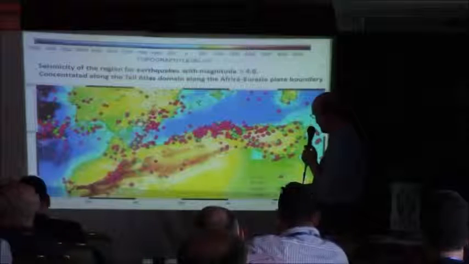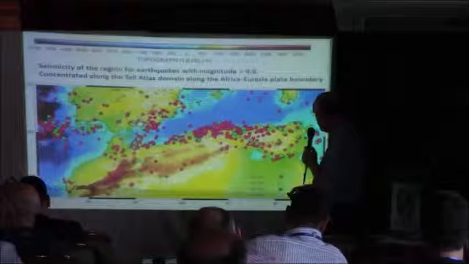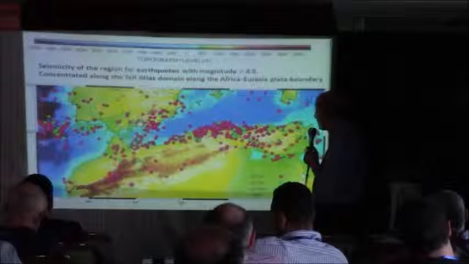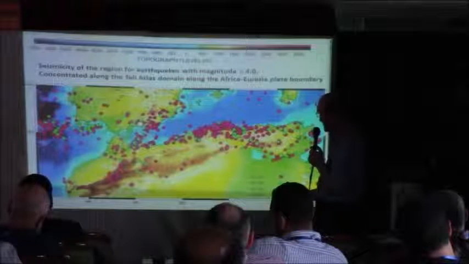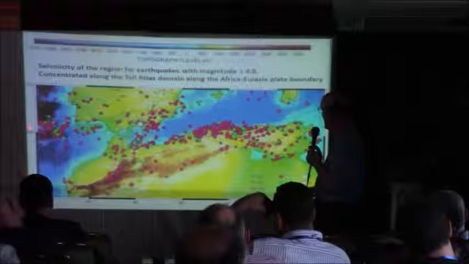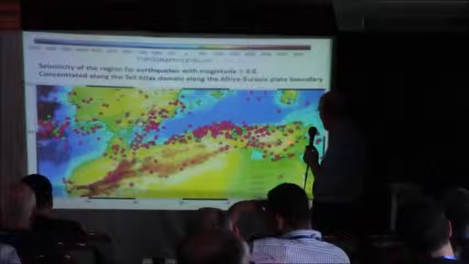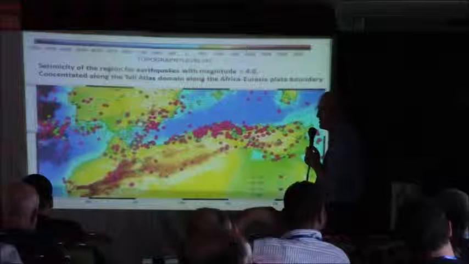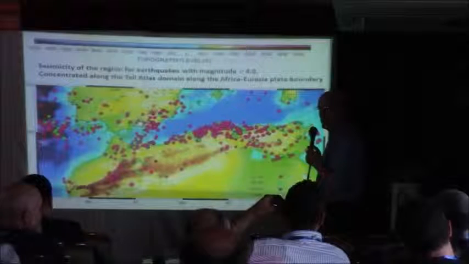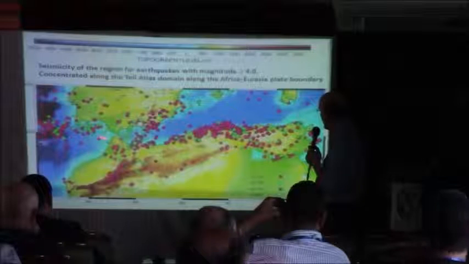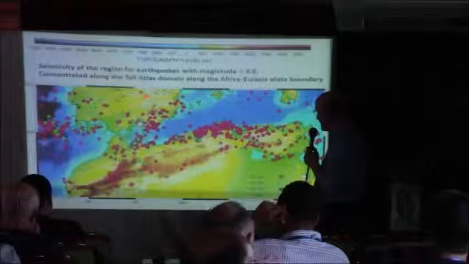For the seismicity, this is the database we have used, and all the events here are above magnitude 4. We start from the Azores, crossing all the Maghreb area up to Tunisia, and after that coming to Italy, defining the plate boundary between the Eurasian and African plates.